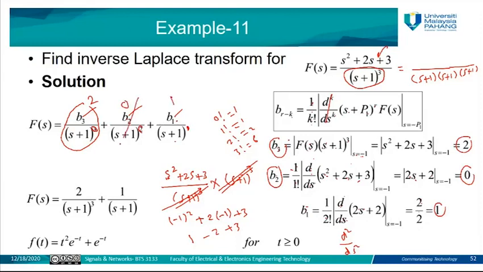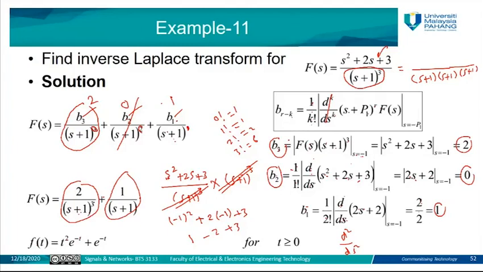So now this part will be removed. I still have 2 over (s plus 1) cubed plus 1 over (s plus 1). These two parts of our function are easy to find from the table, and to find their inverse. So f(t) here is equal to t squared e to the negative t.